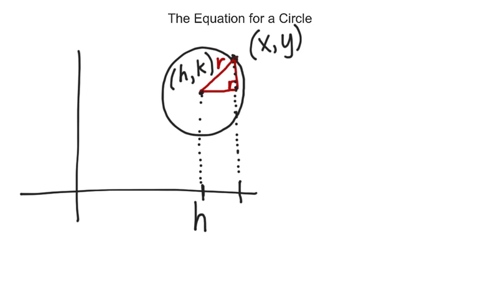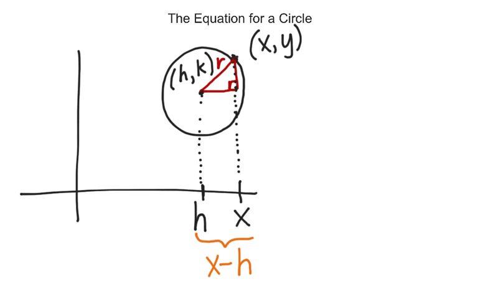What would that x value be? That's just the x value of the point, xy. So the base of that triangle is just this horizontal distance between x and h. And as we talked about before, we can find a horizontal distance by just subtracting x minus h, the larger minus the smaller.